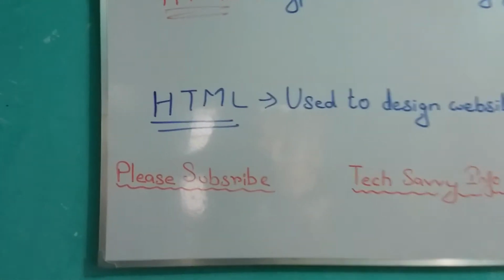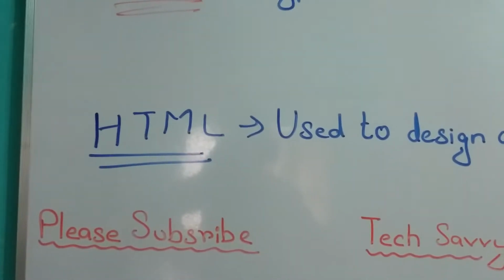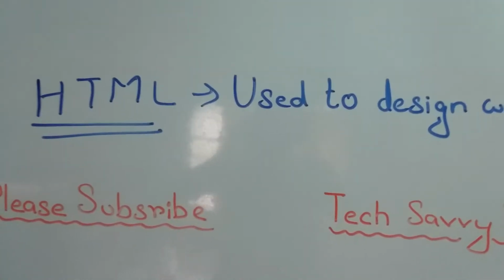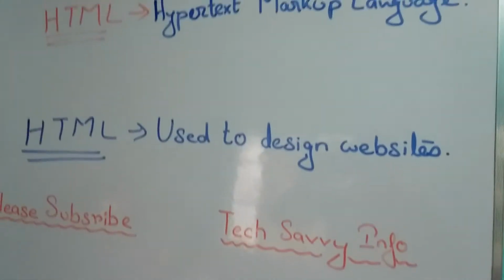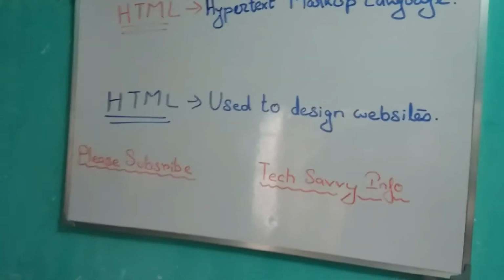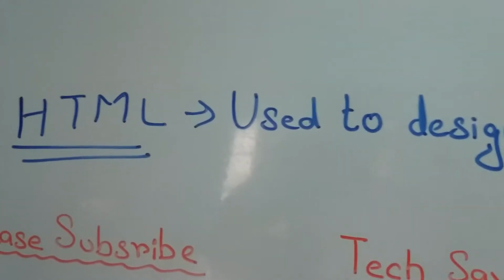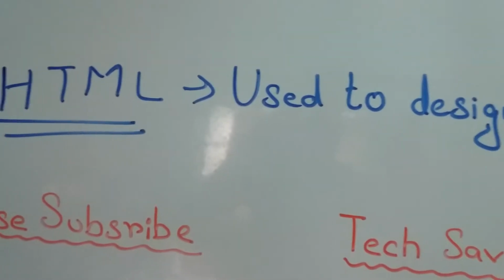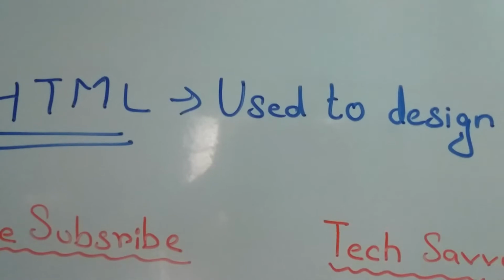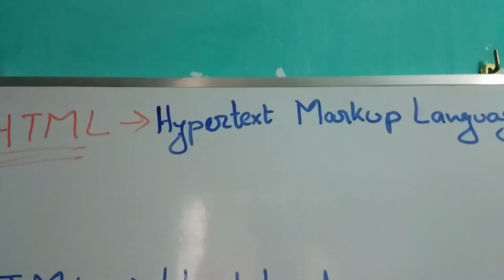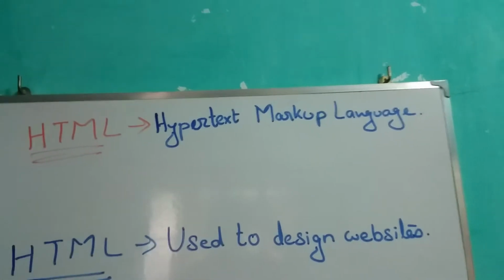Basically, the websites that we get online nowadays are developed by more advanced kinds of developing software, that may be jQuery, PHP. But HTML is the base. HTML stands for hypertext markup language.